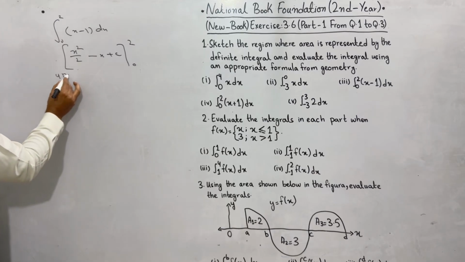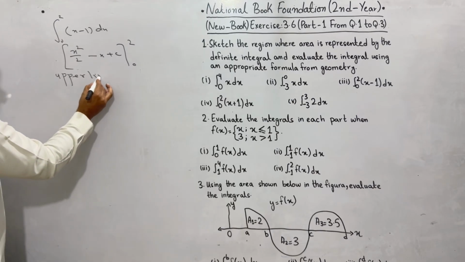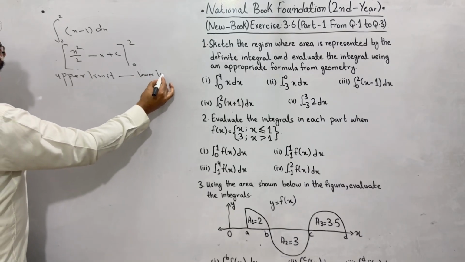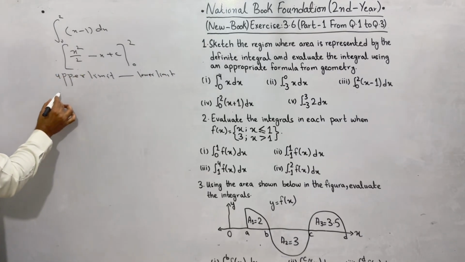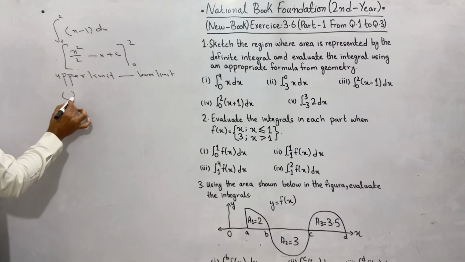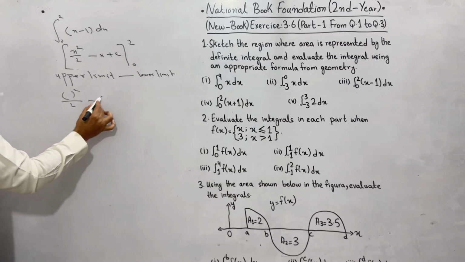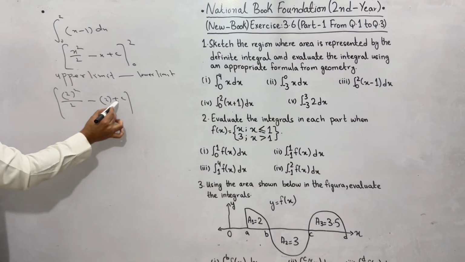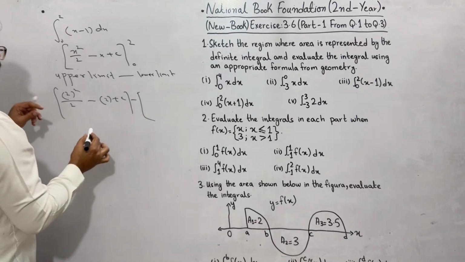First put the upper limit minus the lower limit. Instead of x, insert 2, in the place of the upper limit. Negative sign, place of the lower limit.